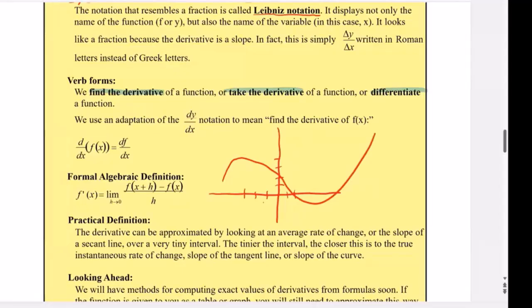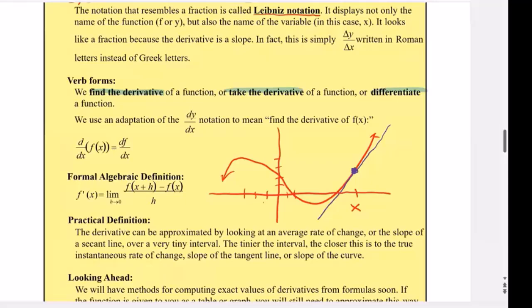Okay? And we want to know what the derivative is, or the slope of the tangent line at this point, which would be something that looked like this. But do I know what this value is? I do not. I'm going to call it x.